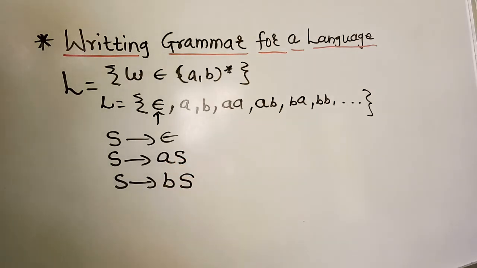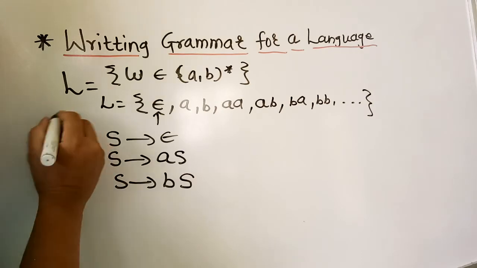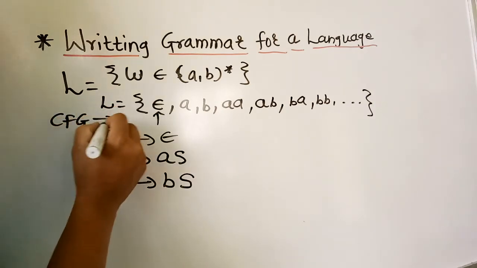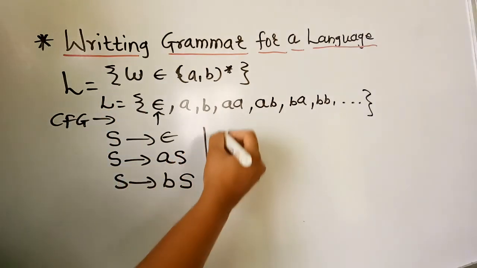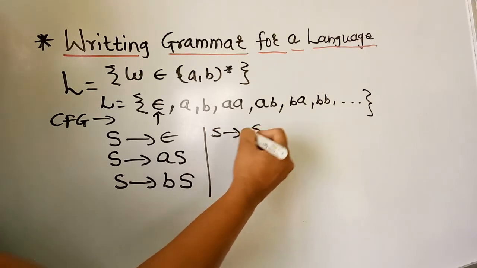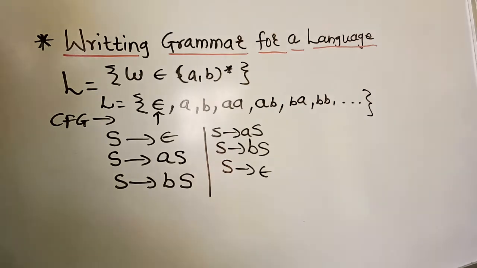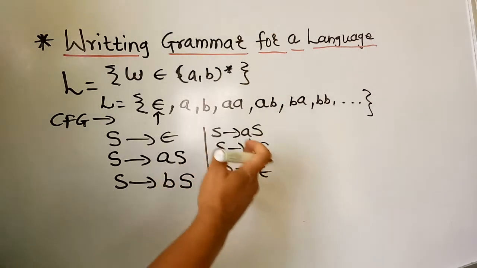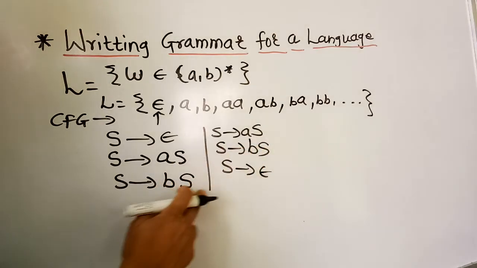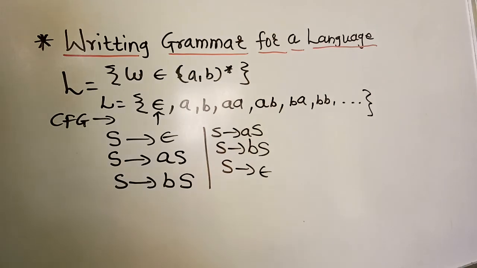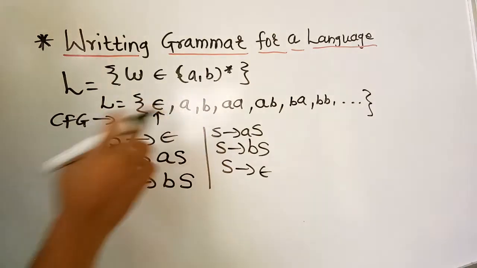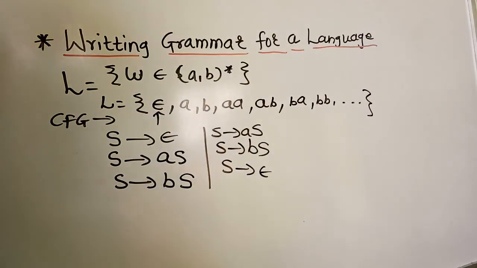So this is the grammar for the above language, means this is the final answer, that is S gives aS, S gives bS, or S gives epsilon. After replacing each and every term depending on the string requirement, we can achieve the same language from this grammar.